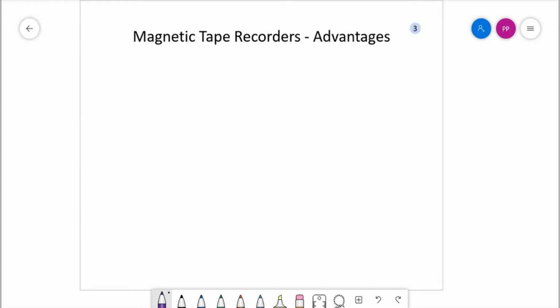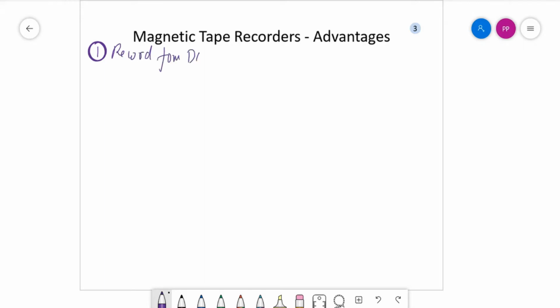The first very important benefit is that in the earlier cases we have seen that we can record up to 40 to 60 Hz, but here we can record from the DC signal to few megahertz signal. So the first advantage is it can record from DC to few megahertz signal frequency.